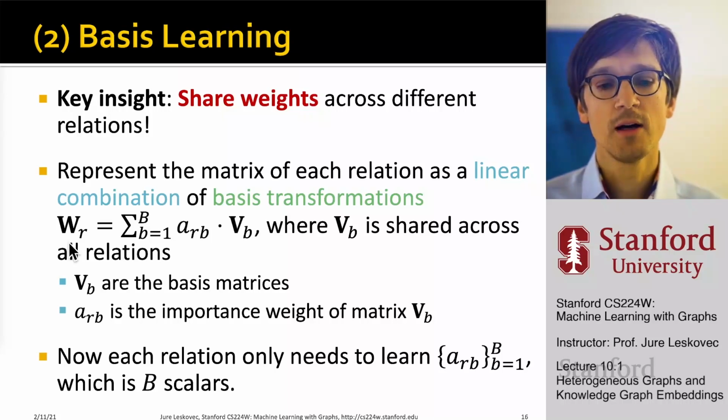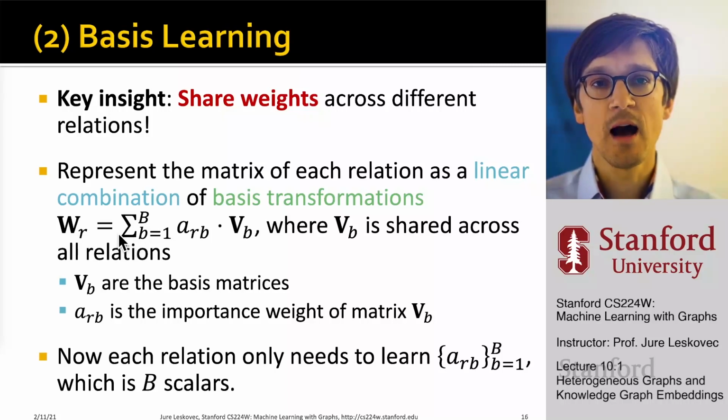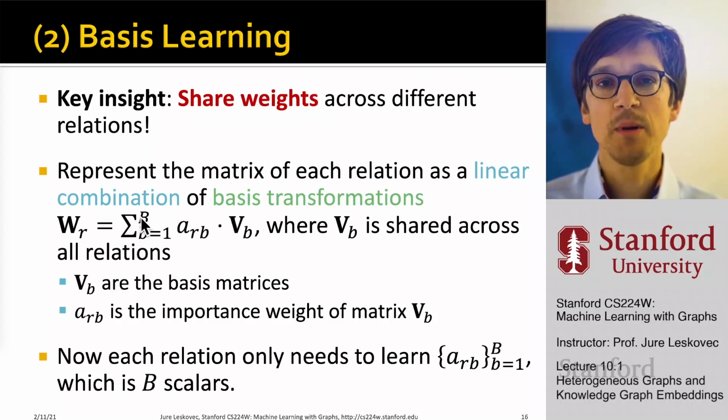So let me now explain. The idea is that your W_R is simply a weighted summation over this dictionary of matrices V, and I have capital B of them.